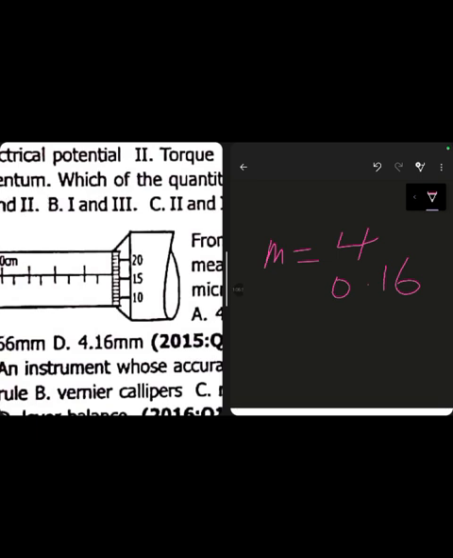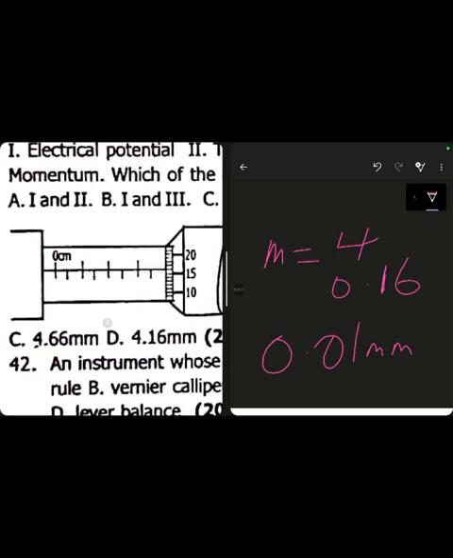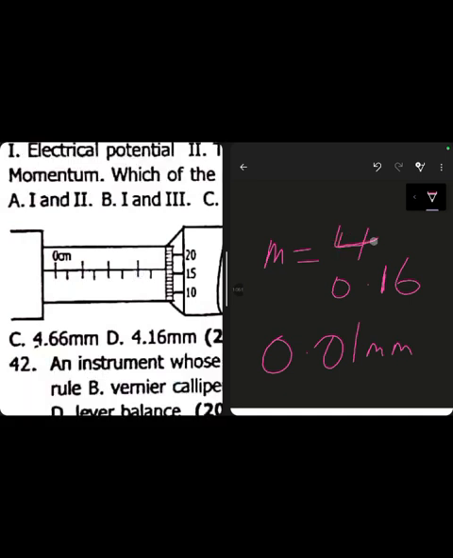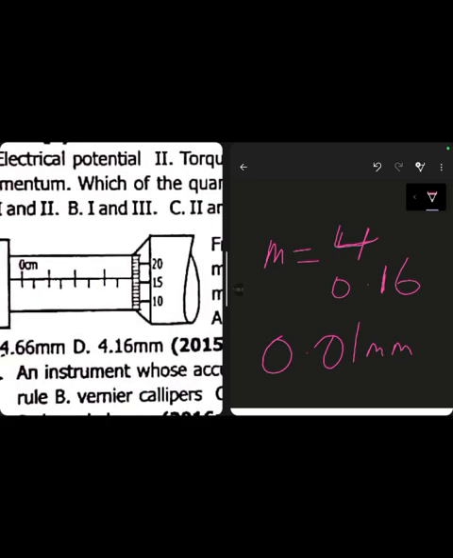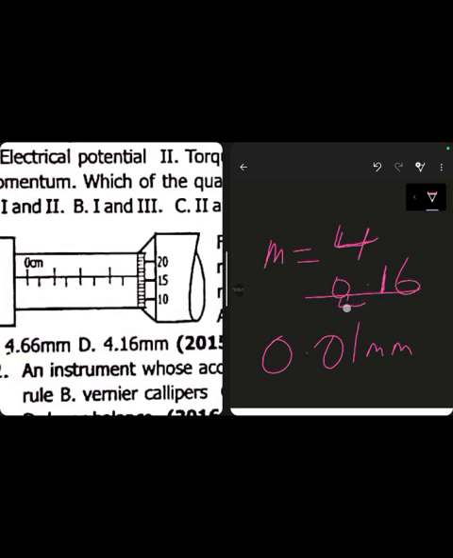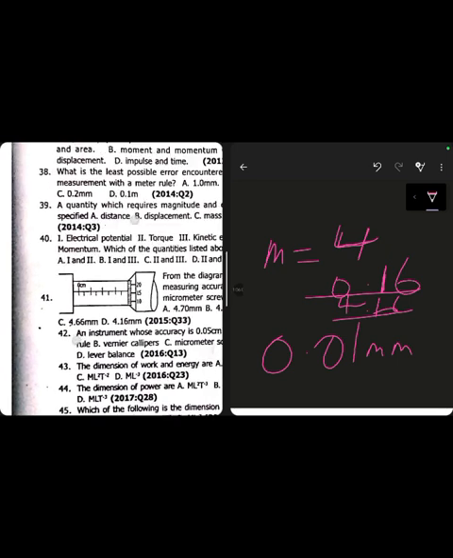Remember, for your micrometer screw gauge it is 0.01 millimeters. So that's why it is 0 something, unlike the other one that should be 0.1, that's for your vernier scale. So for this micrometer screw gauge, main scale is 4. Vernier scale, the one that coincides after 15 is 16. So adding it gives me 4.16 millimeters. So the option is D.